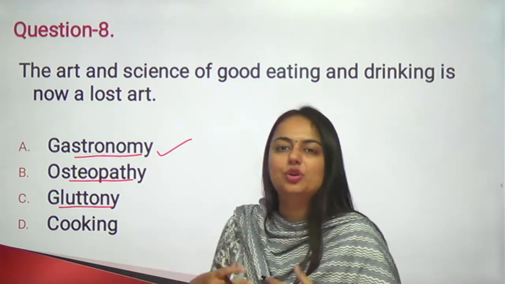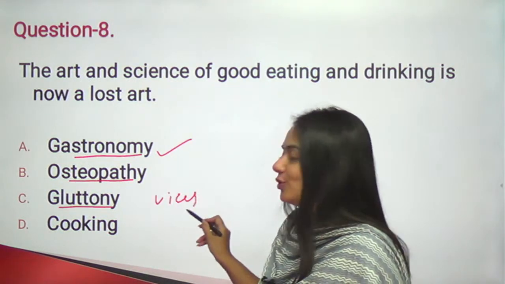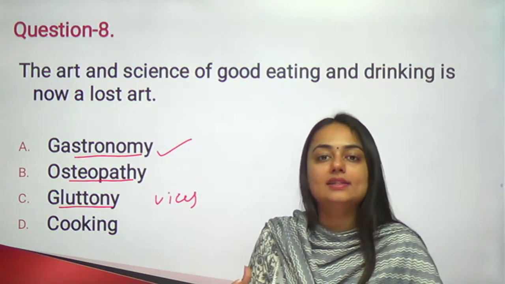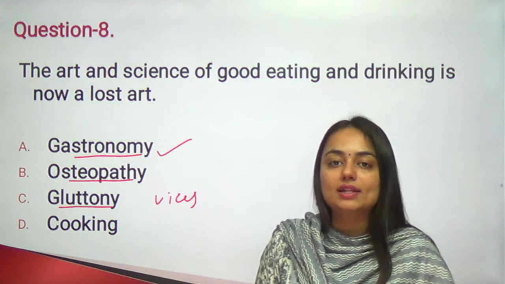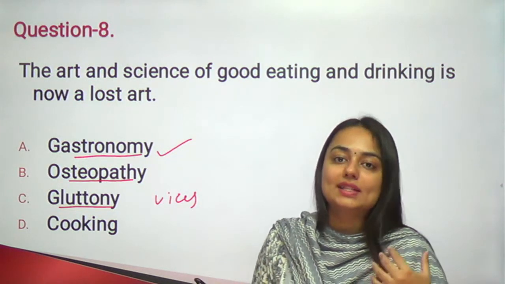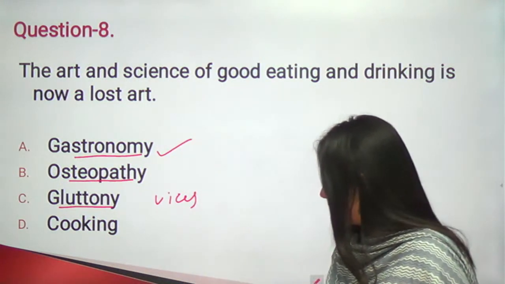Gluttony is a habit of overeating. It is one of the vices that we should not have. So if someone overeats greedily, someone's greed, if it cannot be satiated, the person will be known as a gluttonous person, and that vice is known as gluttony. Habit of eating too much. Cooking, you already know.